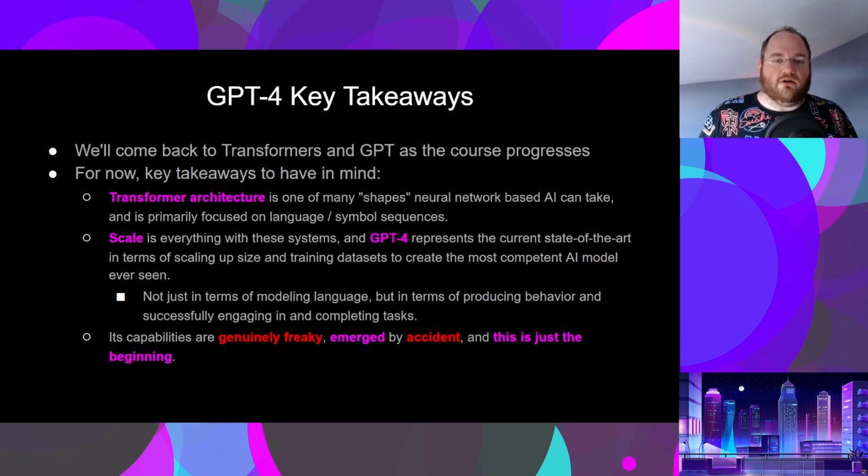So scale is huge, and GPT-4 represents the current state of the art because they threw tons of resources into it. They scaled up the size and the training data to create the most competent AI model anyone's ever seen, not just in terms of modeling language, but in terms of producing behavior and successfully completing tasks. Its capabilities are genuinely freaky. They emerged by accident, and this is just the beginning.